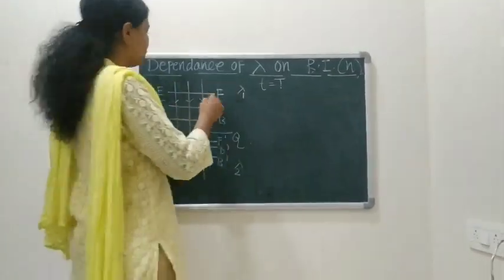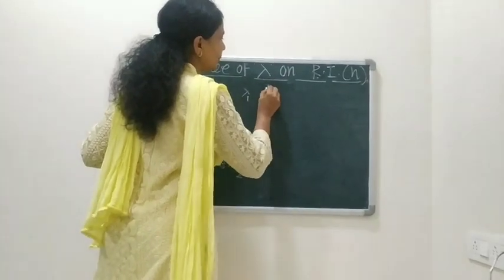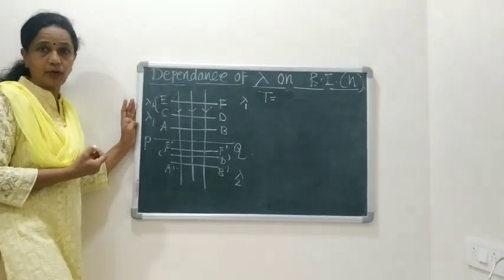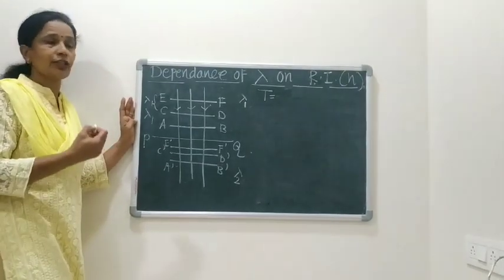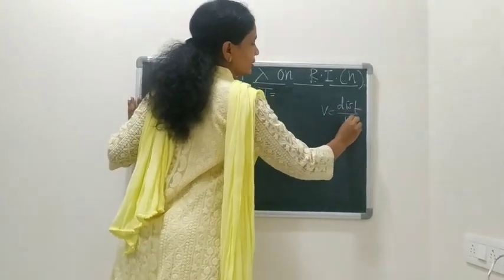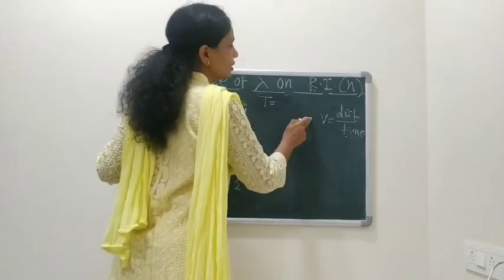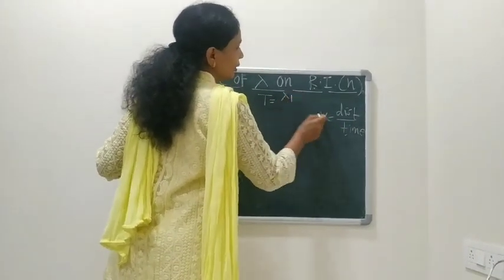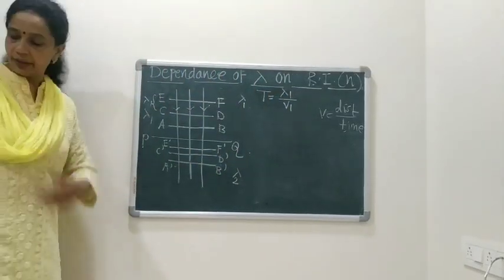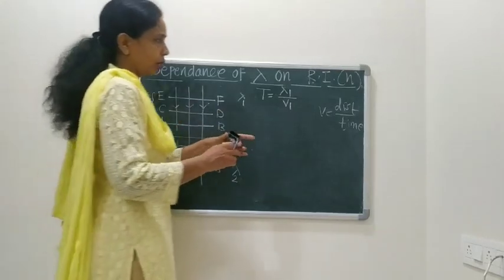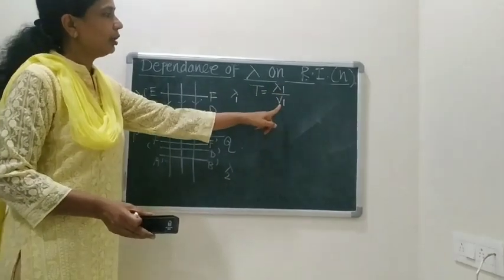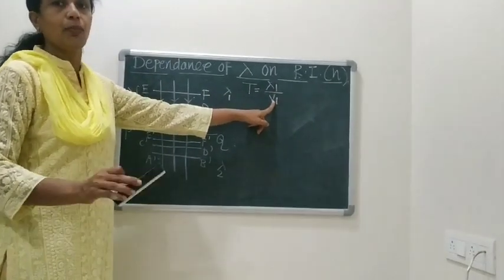Then what is the time required to cover this distance? Therefore, what is the formula for capital T? Velocity is equal to what? Distance upon time. Therefore, time is equal to distance, which is λ1, upon velocity, which in the first medium is v1. So in the first medium, capital T is equal to λ1 upon v1.